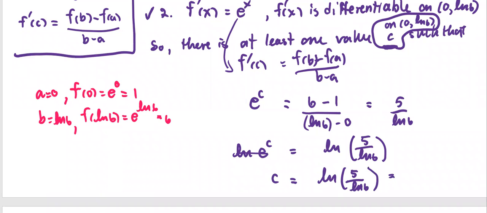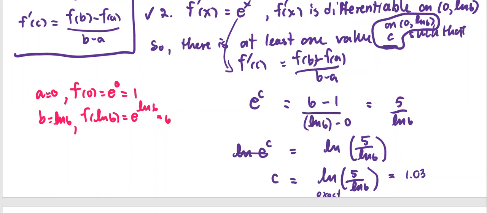What do you have to do next? You just put it in a calculator and get the approximate value. And as you see, the form natural log of 5 over log 6 is called the exact form. When you put it in a calculator, you get a number. I believe it's about 1.03. You can help me verify that number if you have a chance. So it's about 1.026 something.